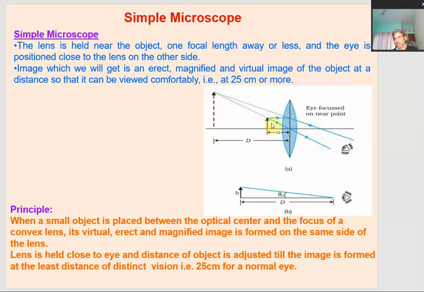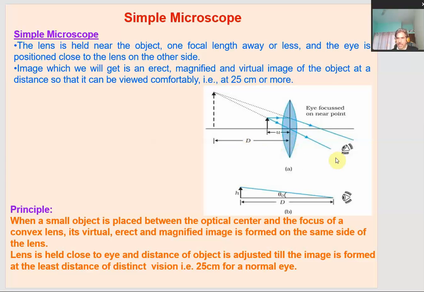In both cases, the image which is observed is magnified. So we will find the magnification in both cases. First, the case when the final image is formed at the least distance of distinct vision, just as shown here. The least distance of distinct vision for a normal eye is 25 centimeter.